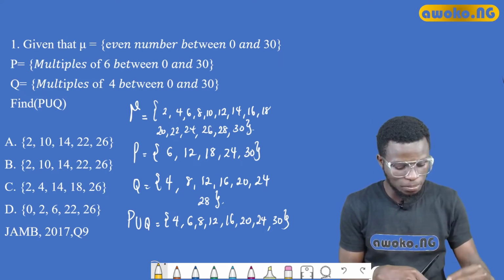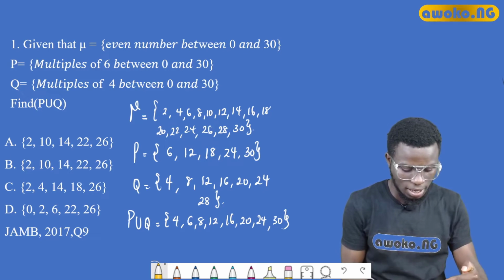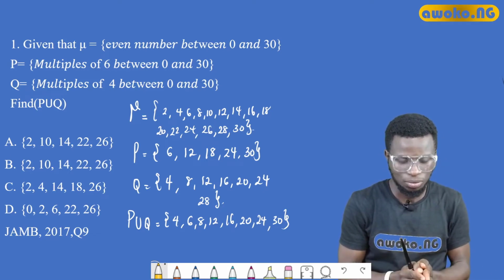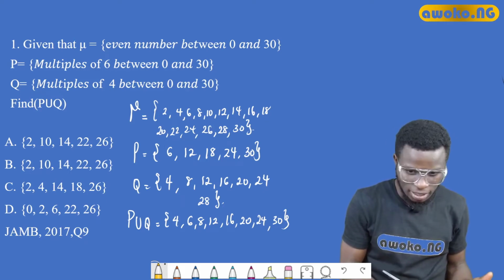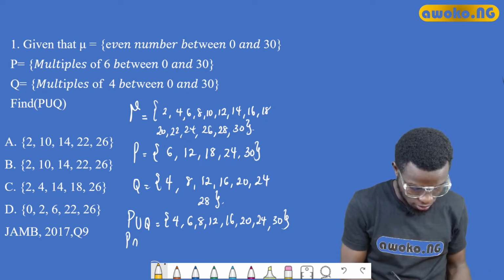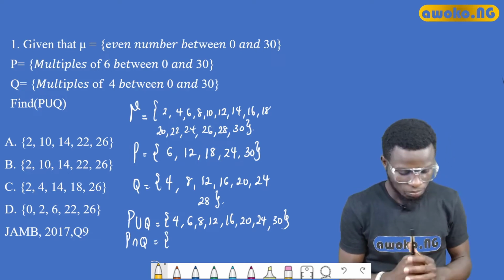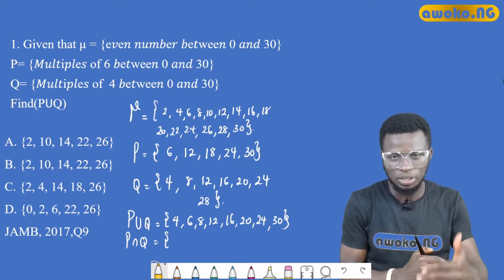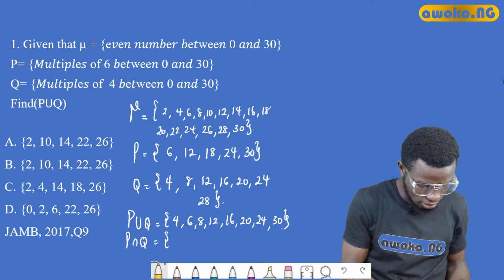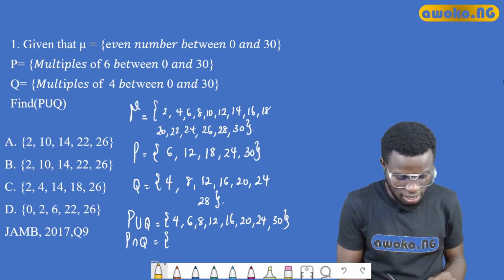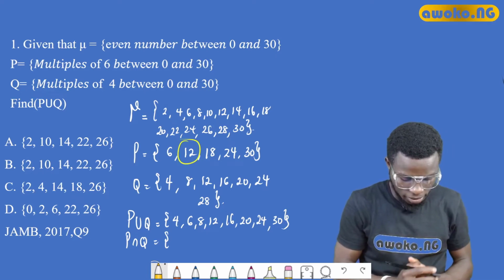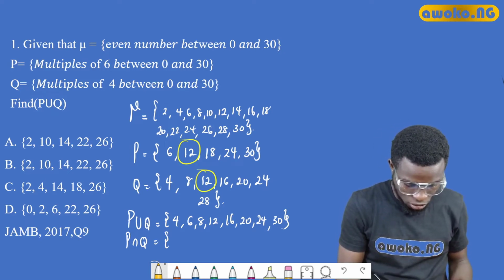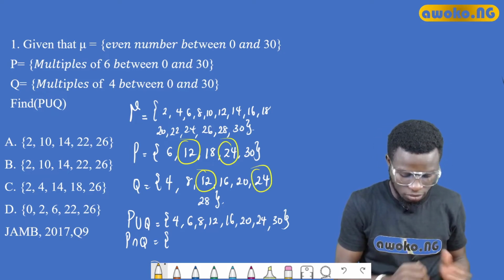But let us use this same problem to consider P intersection Q. P intersection Q is, of course, the elements that are common to both P and Q. If you check, you will realize that 12 is here, 12 is here also, and 24 is here, 24 is here as well.